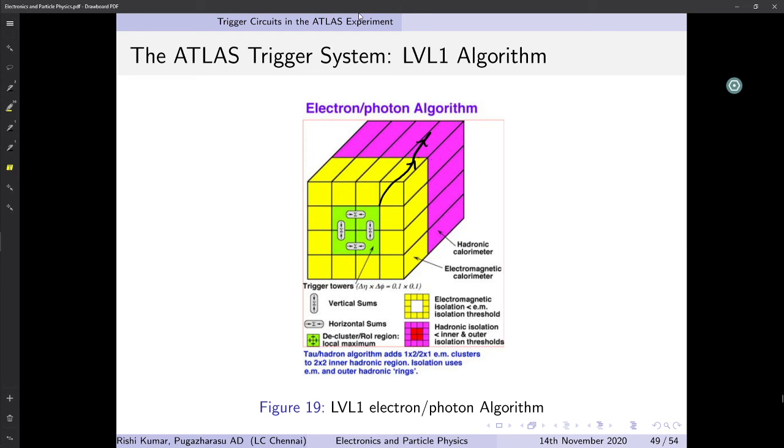And essentially, your summing is done vertically and horizontally, and this is a very small region. It's like a piece of microelectronics, so you must imagine how tiny it is. And these are your triggers at the end of the day.